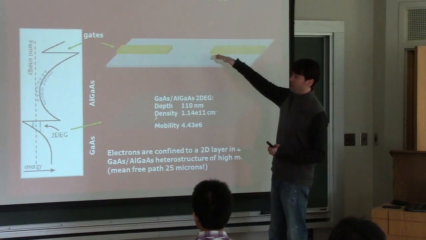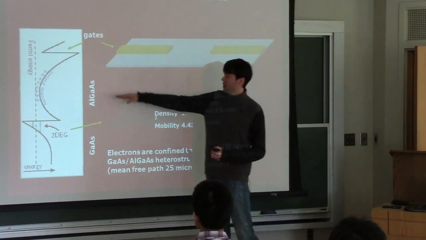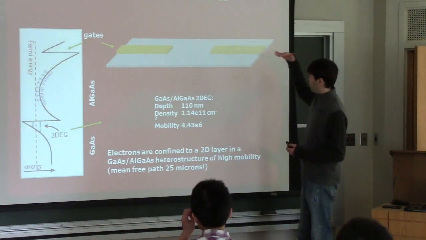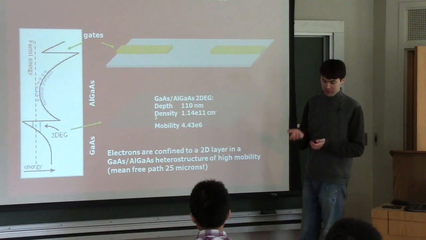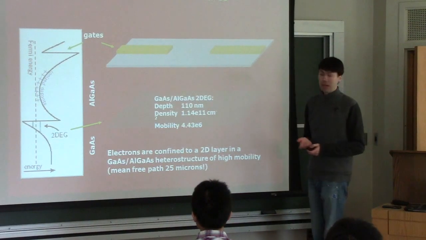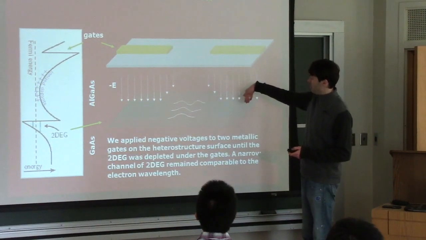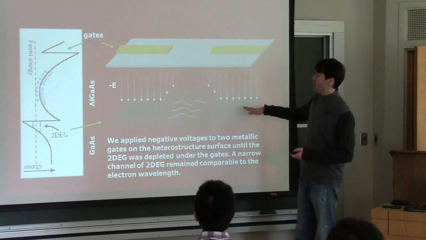And on the surface of this semiconductor crystal, on top of this aluminum gallium arsenide layer, we can put metal structures. Those are gates. Applying voltages to those structures, we can induce electric fields and deplete the two-dimensional electron gas completely of electrons.